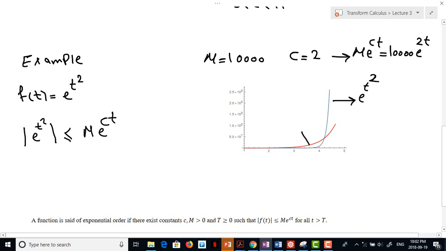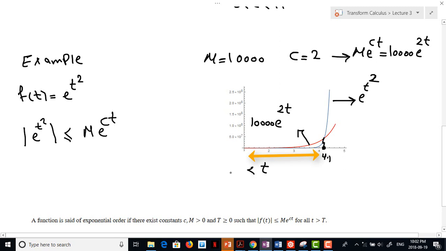The red plot is 10,000 e to the power of 2t. You know, 10,000 is just a random number. So here you can see that, let's say here is 4.1, this point.